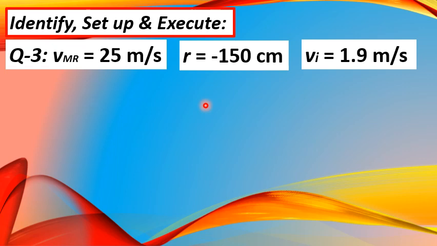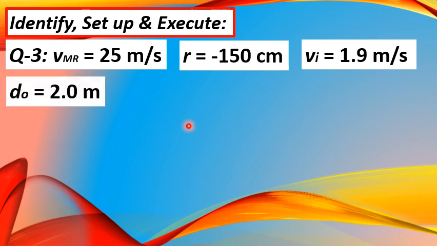The truck is actually 2.0 meters away from the mirror, all right? When you see it approaching at 1.9 meters per second in the mirror. So that means the object distance, DO, is the distance of the truck, equal to 2.0 meters.